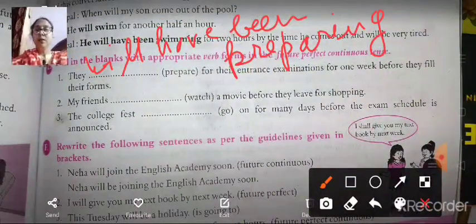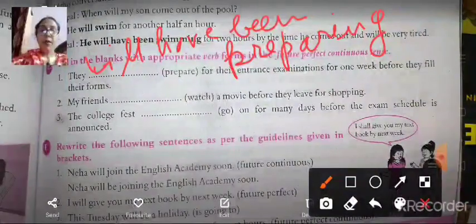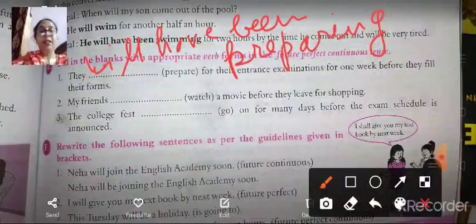Okay, so write down. First is, they will have been preparing for their entrance examination for 1 week before they fill their forms.